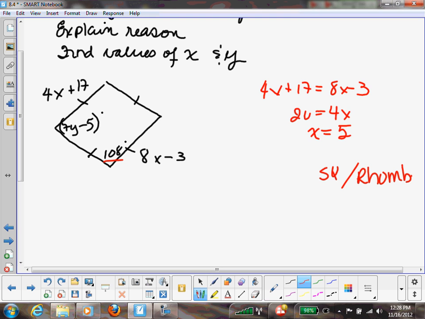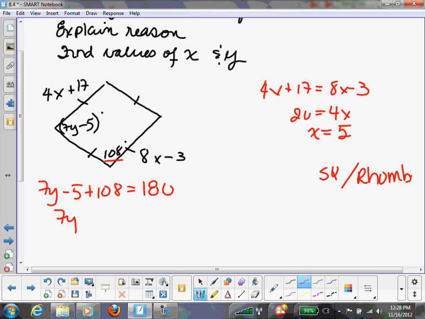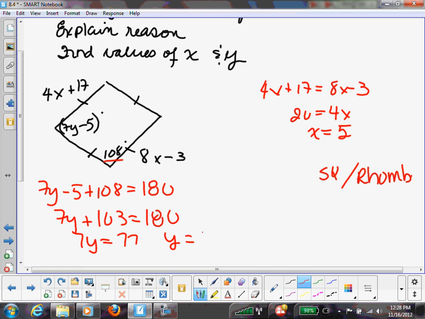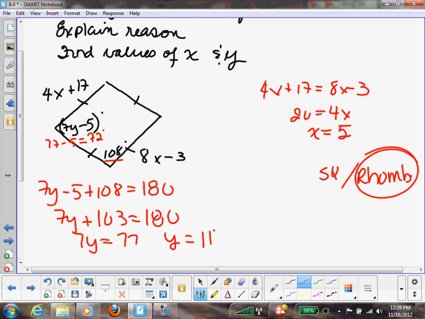So we know that 7y minus 5 plus 108 has to equal 180. 7y plus 103 equals 180. So y is equal to 11, which makes this angle 77 minus 5, which is 72 degrees. Therefore, we know we have a rhombus.